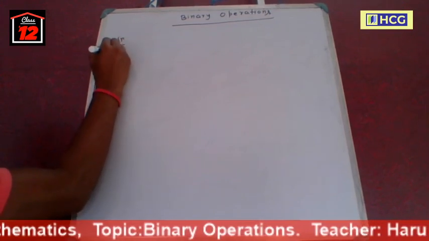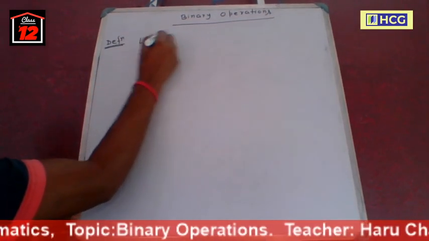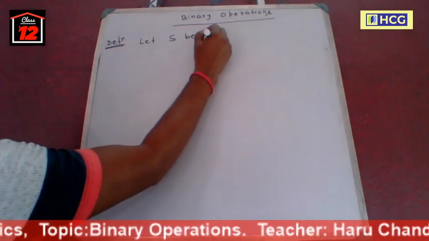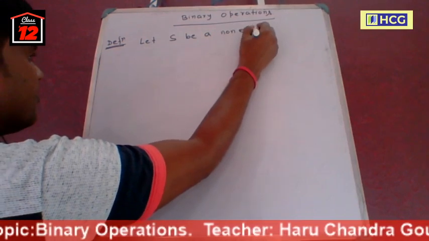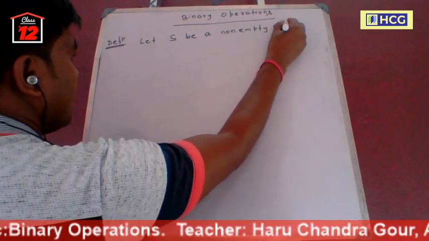Definition. Let S be a non-empty set. Non-empty means there is at least one element in that set.